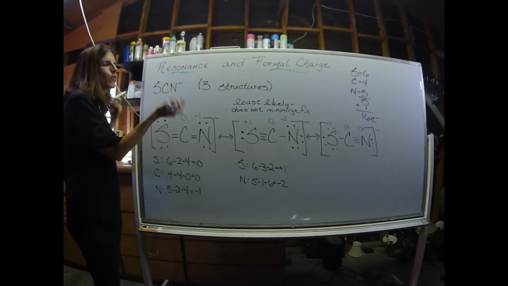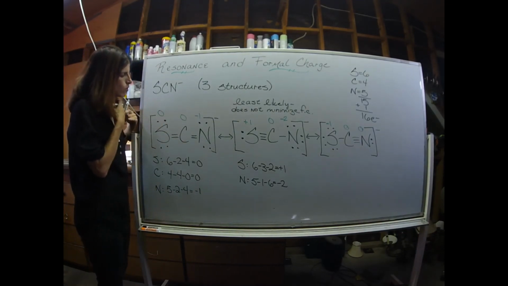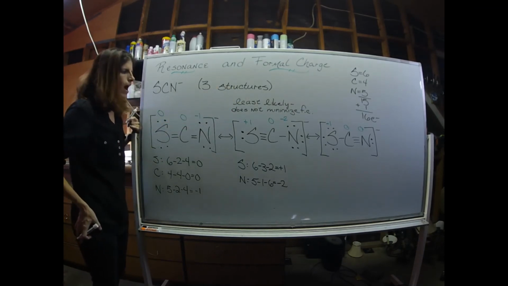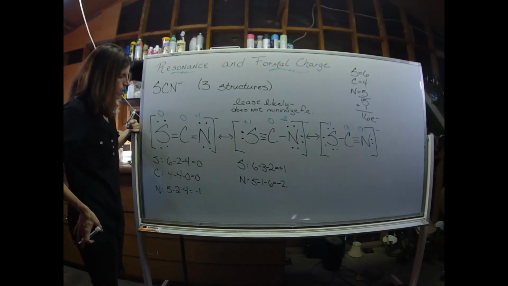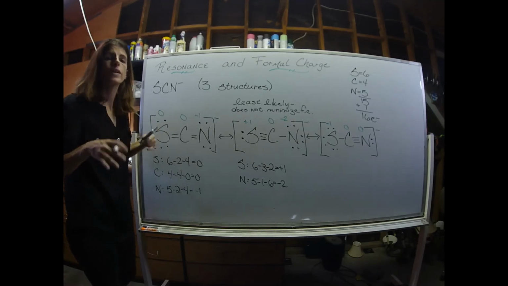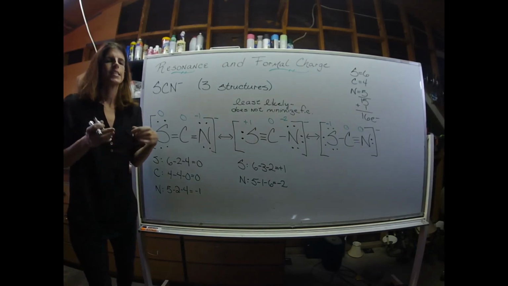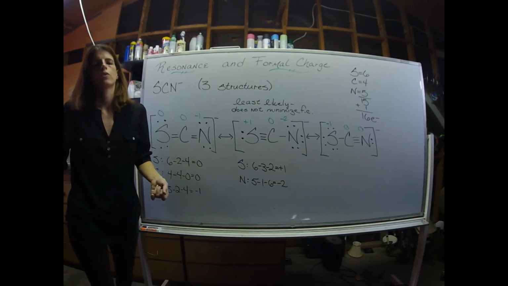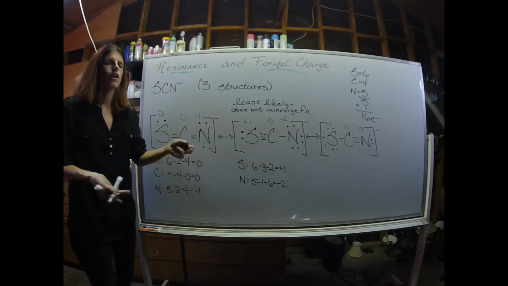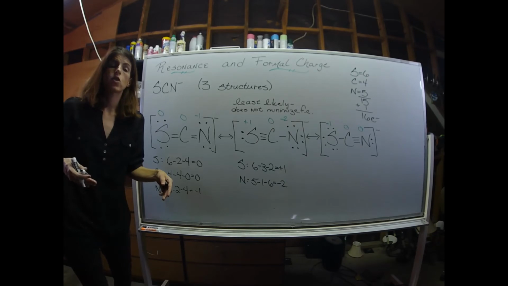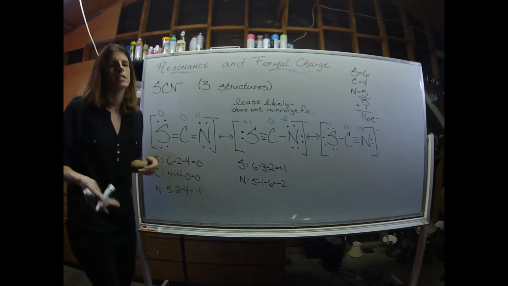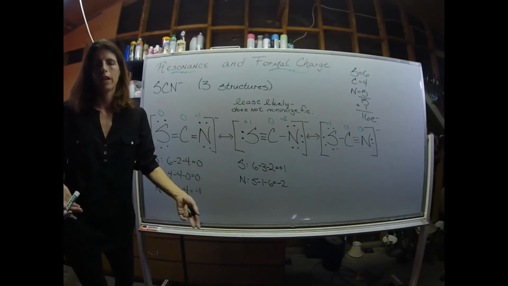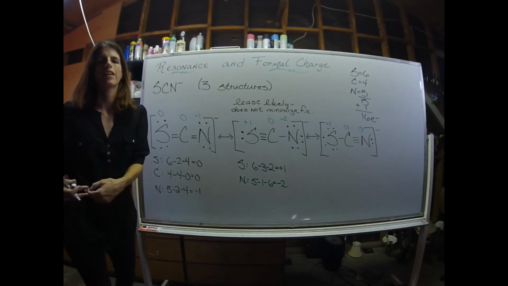Now it seems like we have a tie with the other two because it's 0, 0, -1, -1, 0, 0. How can we tell the difference? So we're going to have to go all the way down to Rule D that says the negative formal charge should be on the most electronegative atom. The flip-flop of that is also true. If you only have a positive formal charge, that should be on the least electronegative atom, like if you had some kind of cation.